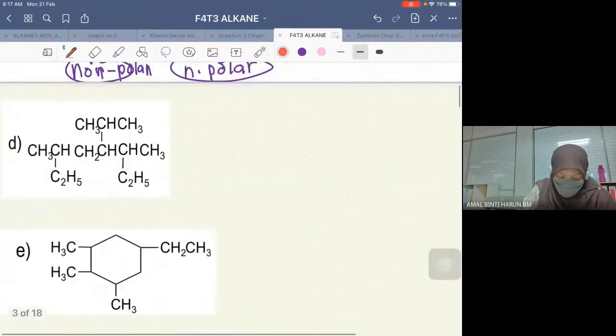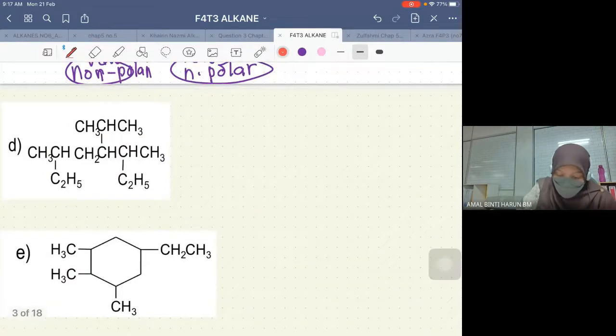For D, longest carbon chain. Okay, so tengok dekat sini dia adalah C2H5. So kita cancelkan C2H5 ni, you buat CH3, CH2, CH3. So dia trik kat situ. Nak bagi nampak macam pendek kan. So C2H5 you tukar CH2 and this one is CH3.